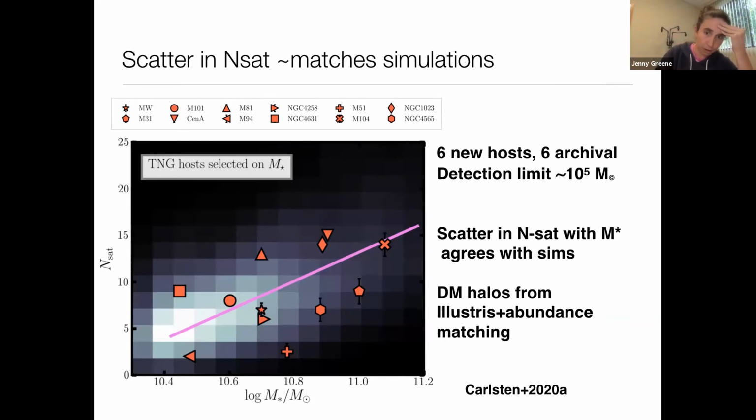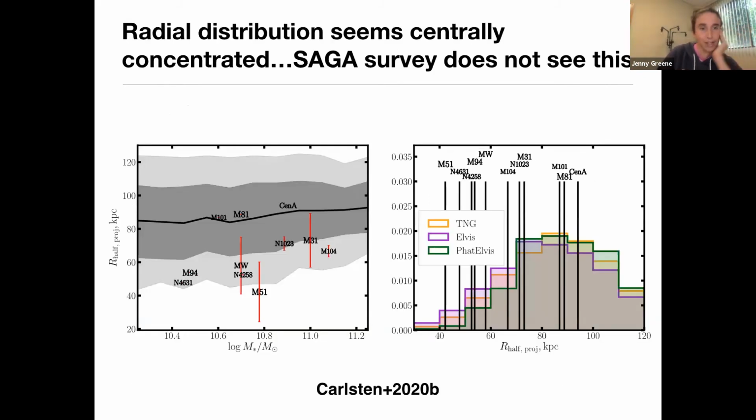One thing that we spent a long time staring at and still don't understand is that while the total number of satellites seems to agree with predictions, their radial distribution seems to be more concentrated than what you would expect.